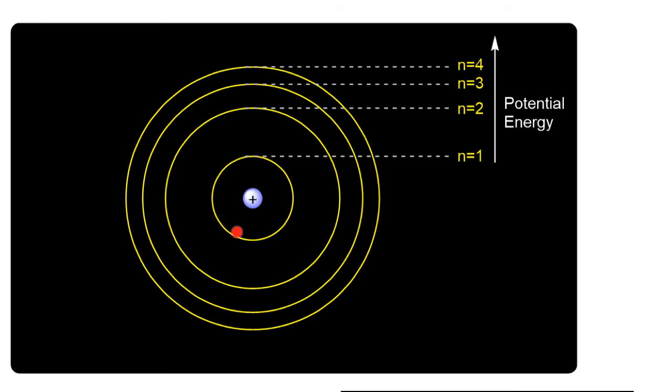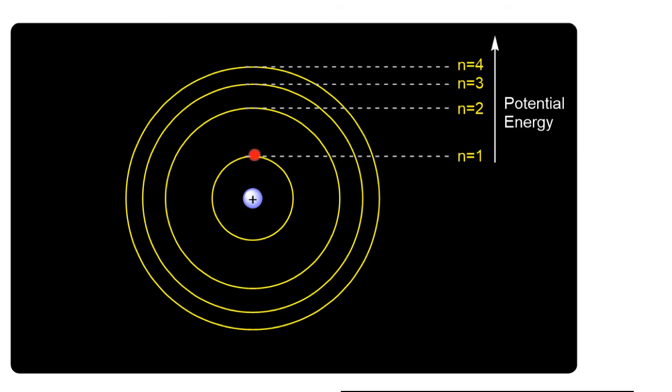Now, this is an incorrect idea because it doesn't make physical sense, but you can imagine it that way right now. An electron in n is equal to 1, or low energy state, close to the nucleus is here. And if it's in a higher energy state, it's farther away from the nucleus, say in n is equal to 2. So that would be up here. n is equal to 3 is here, and n is equal to 4 is here.